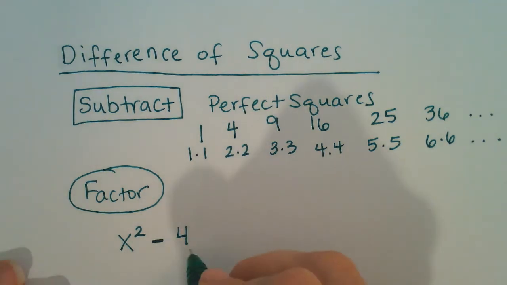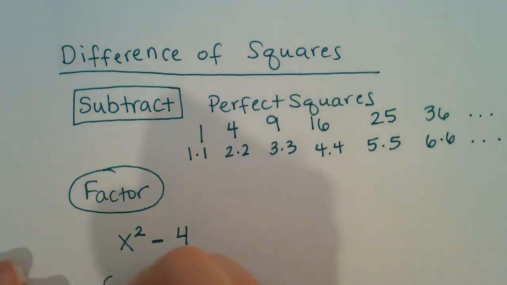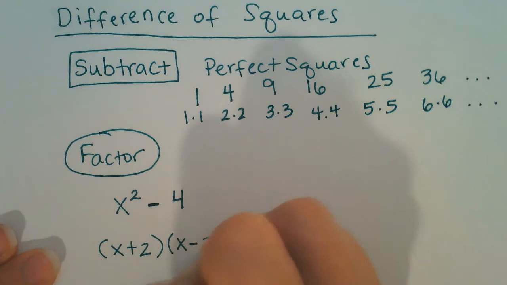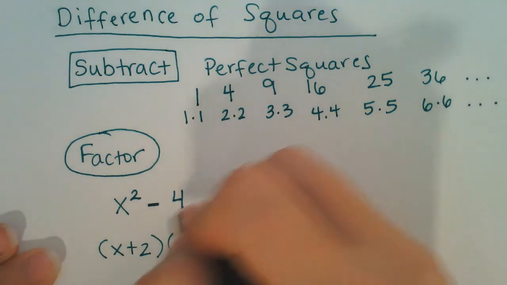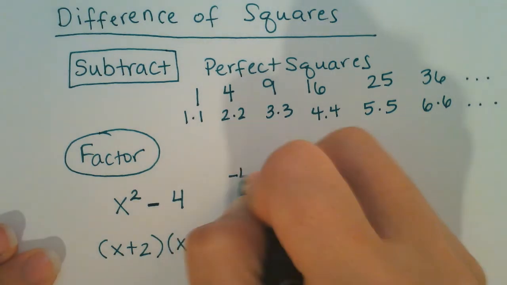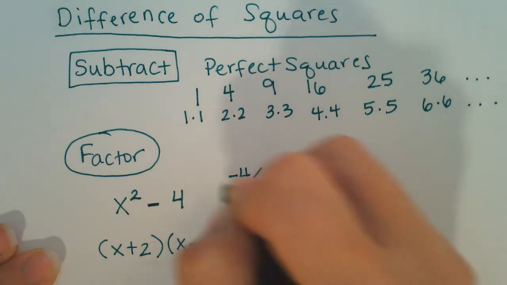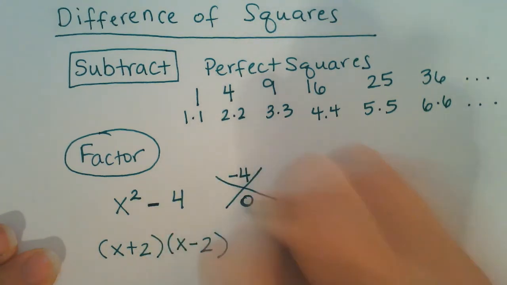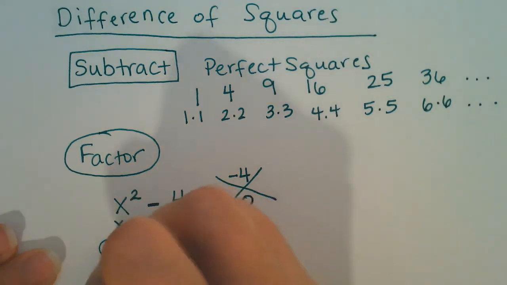So I can factor this into x plus 2, oh, you can't see that, x minus 2. And I can do that because I would be looking for the factors of negative 4 that add to 0, because there's not an x term.